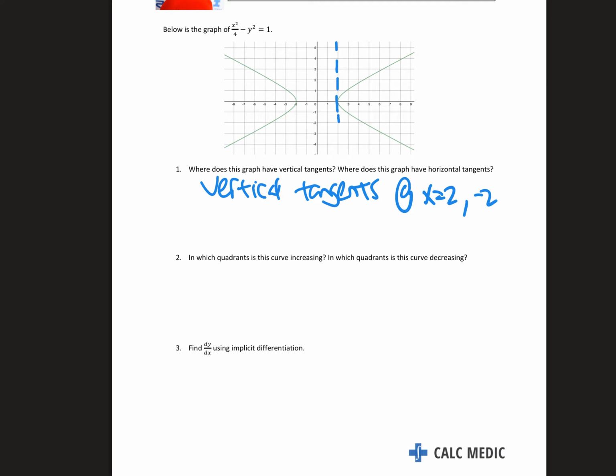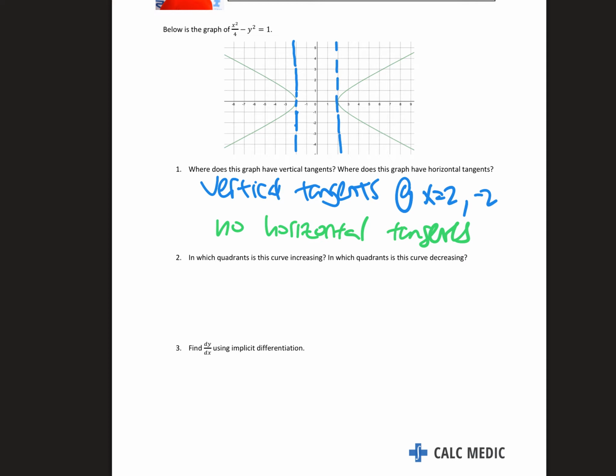These are my vertical tangents, right here and right there. And you should have said something about no horizontal tangents, because there's nowhere where we can draw a tangent line with a slope of 0.